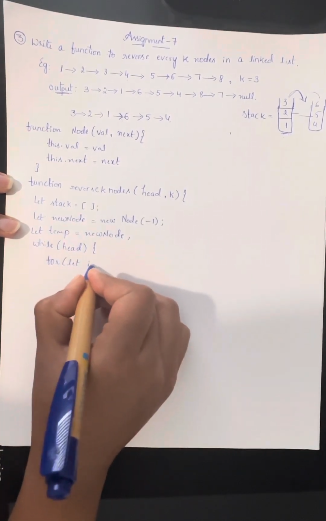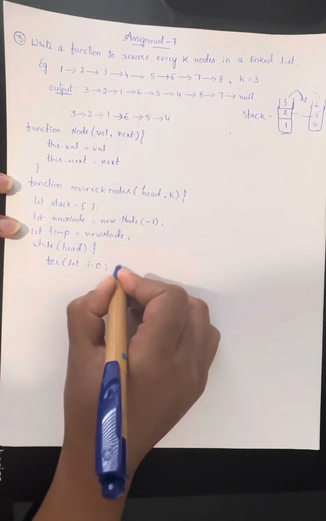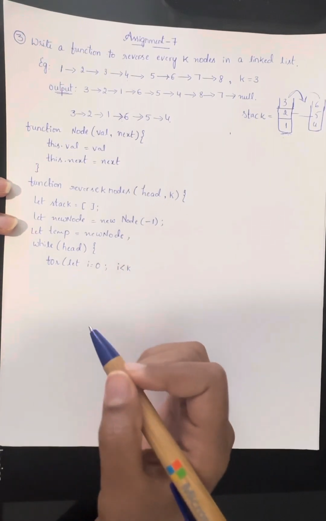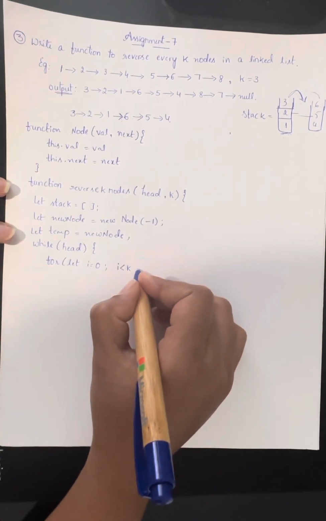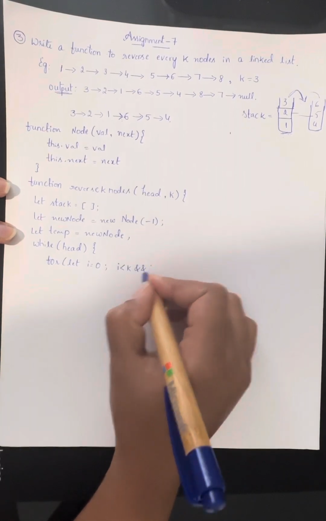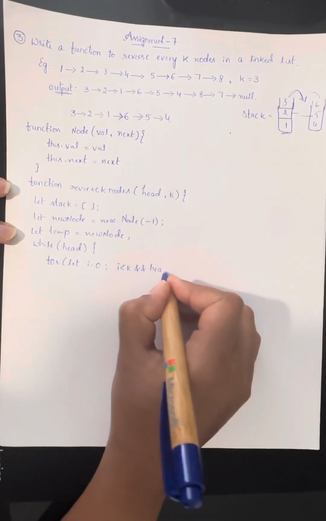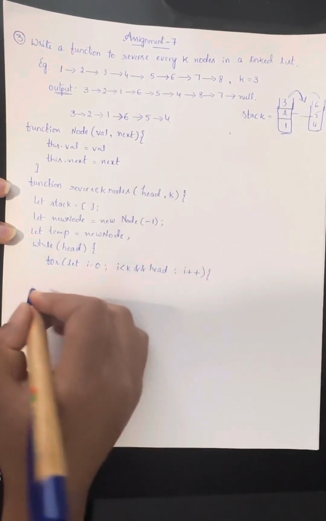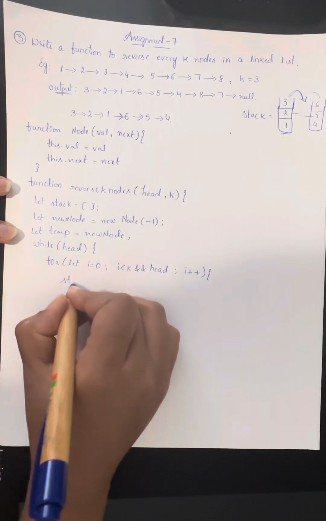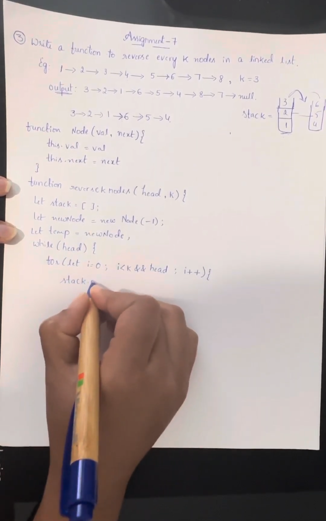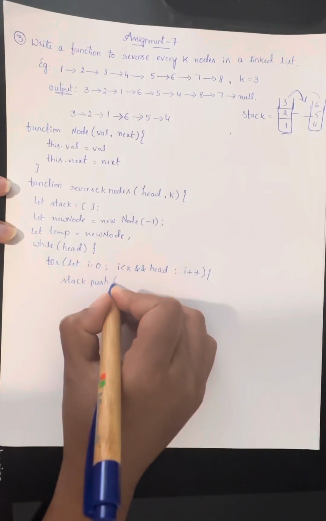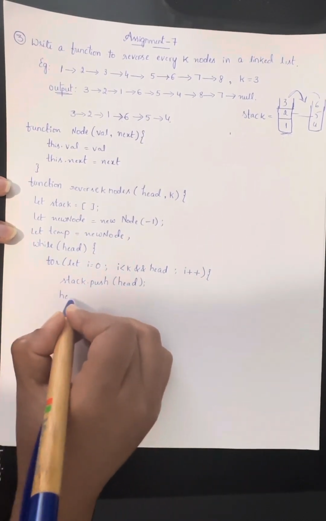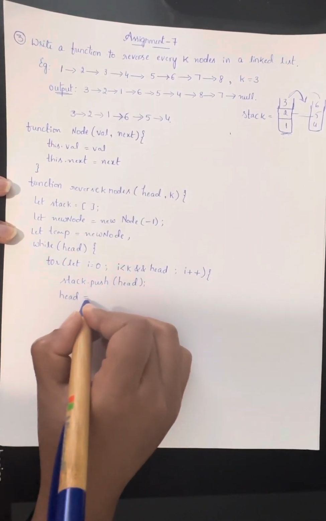So let i equal 0, i less than k, and we also need to check that head is not equal to null. So I'm using i less than k and head, i plus plus. Now I'll push the nodes to the stack, and I'll make head equal to head.next.